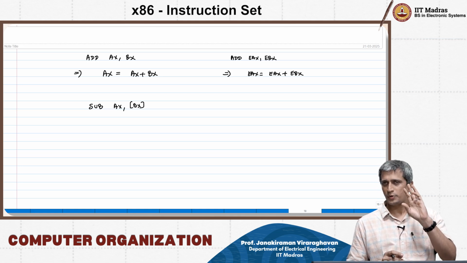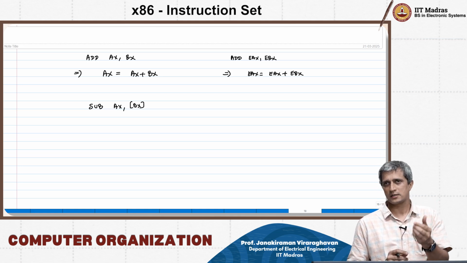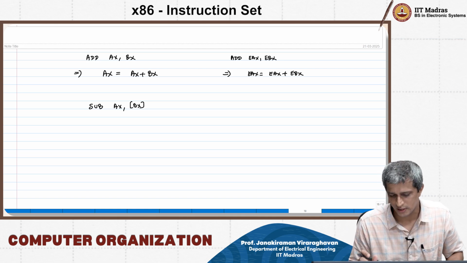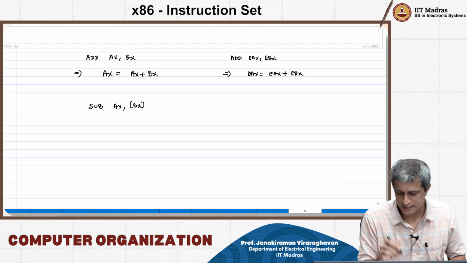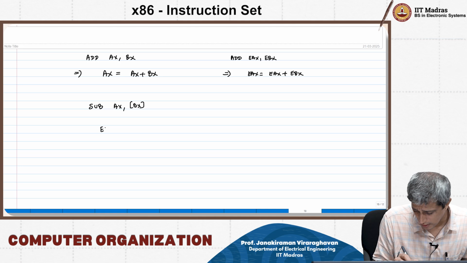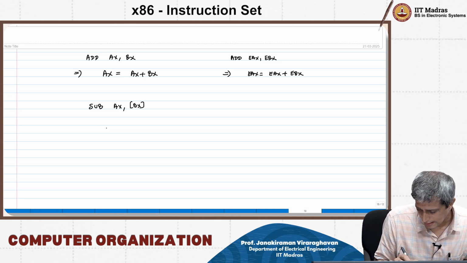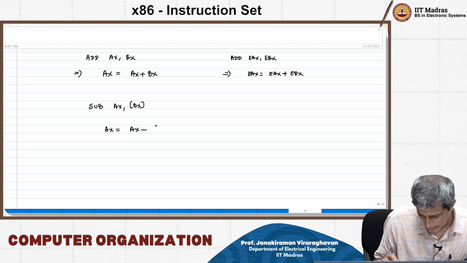It has to be AX, BX, CX, DX, or EAX, EBX, whatever, one of these registers. The other operand could come from memory. That's exactly what we are doing here. So here we are saying AX is equal to AX minus contents of BX.